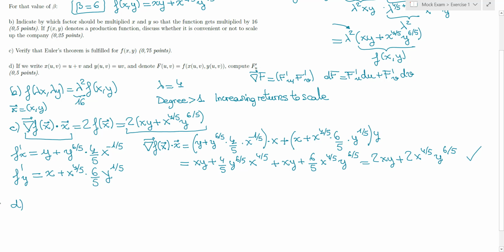And in this case, well, we will do it via substitution. Of course, we could use the generalized chain rule. The chain rule tells us that this partial derivative with respect to u you can do by differentiating with respect to x and x with respect to u, plus the derivative with respect to y and y with respect to u.